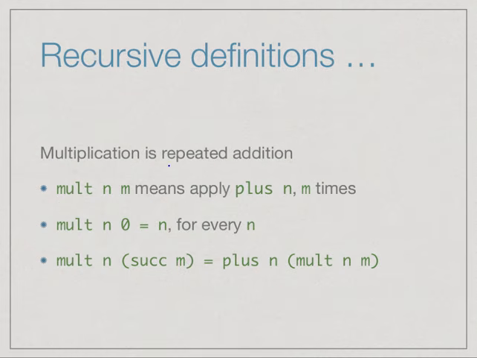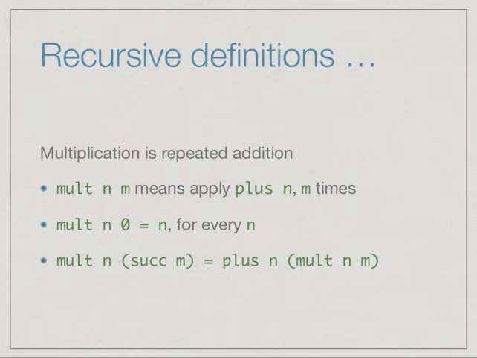So let's look at another recursively defined function. So just as addition is repeated application of the successor function, multiplication, as you may remember from school, is repeated addition. When I say multiply n by m, it means add n to itself m times. Right? So we have to apply plus n m times starting from 0.